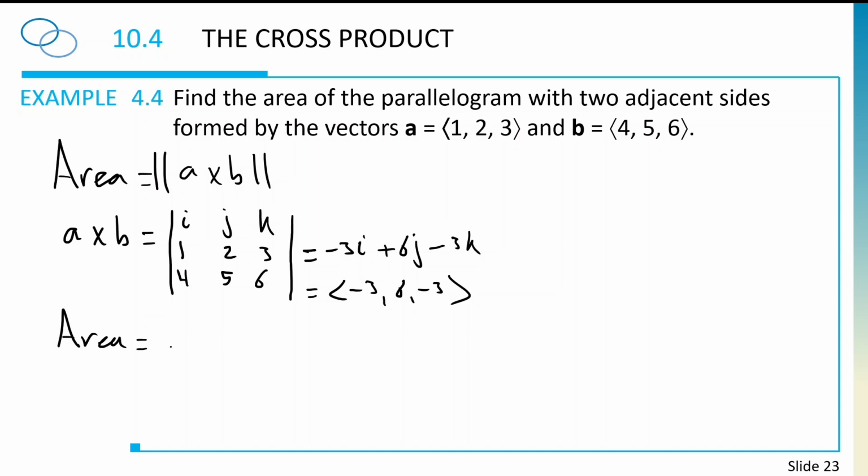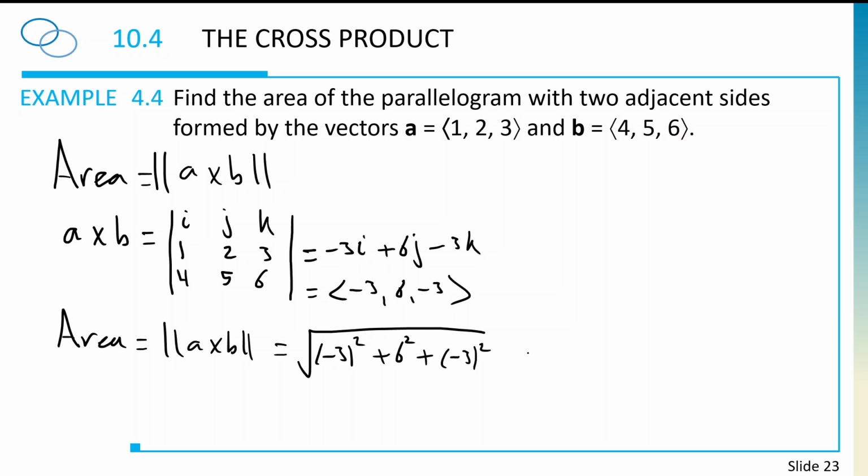So the area is the magnitude of A cross B, which equals the square root of negative 3 squared plus 6 squared plus negative 3 squared. This equals the square root of 54, which is approximately 7.35 square units. Okay, direct, easy.